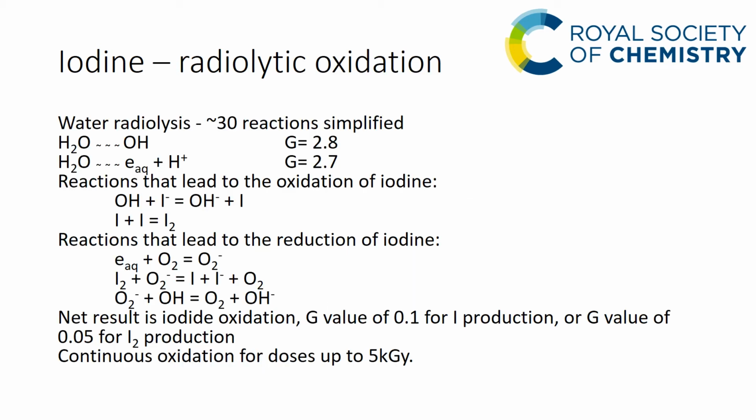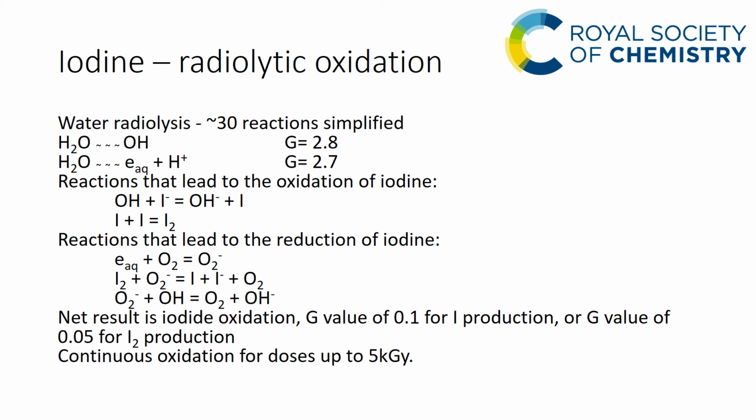So coming back to radiolytic reactions now, I mentioned that in the water radiolysis system, there's about 30 reactions, and in the iodine system, there's similarly another about 30 reactions with iodine species. But all this can be simplified because the production of oxidizing species from water has a G value of 2.8, and production of the reducing species has a G value of 2.7.